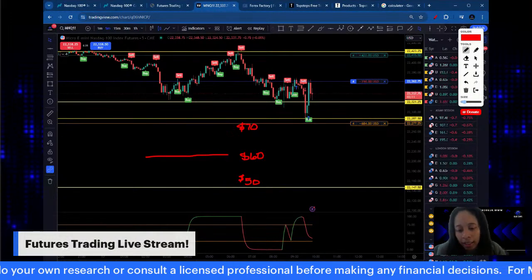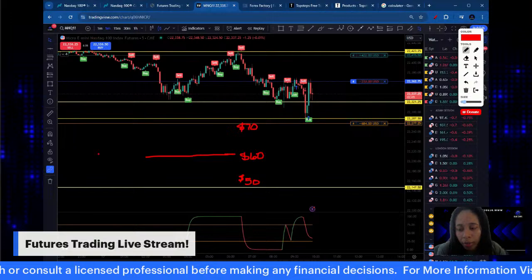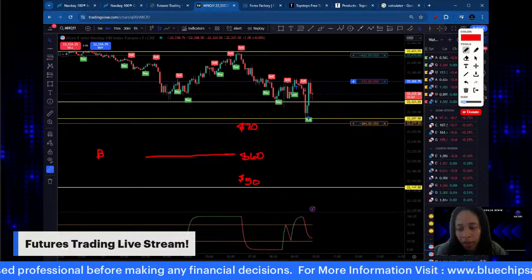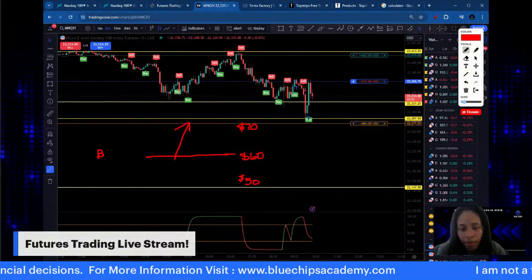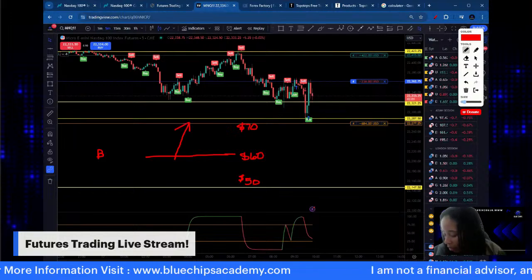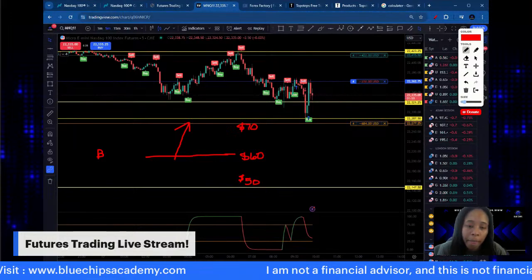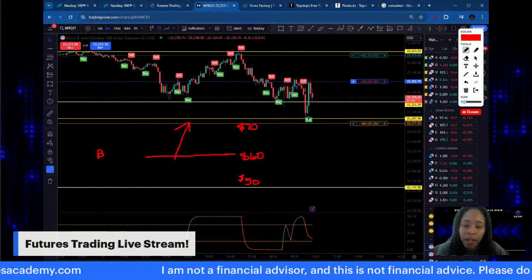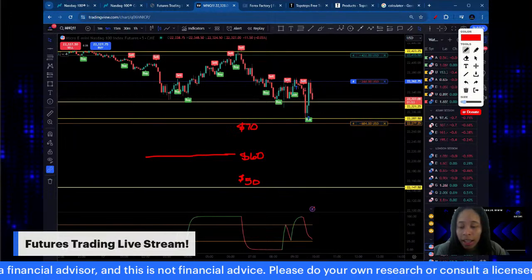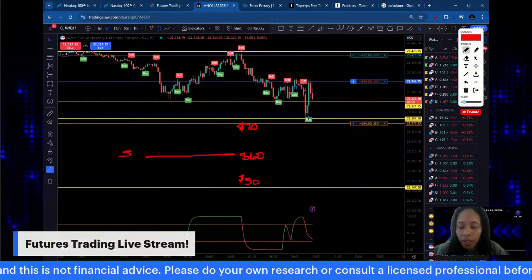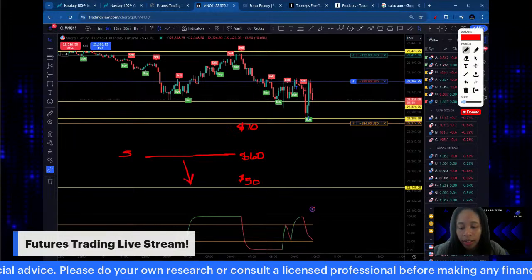And what you're saying when you get into a buy is you believe price is going to go higher, okay? Price is just the candles, the price action, right? The candles moving. So you believe price is going to go higher. When you say it's a sell, you believe that price is going to go lower.